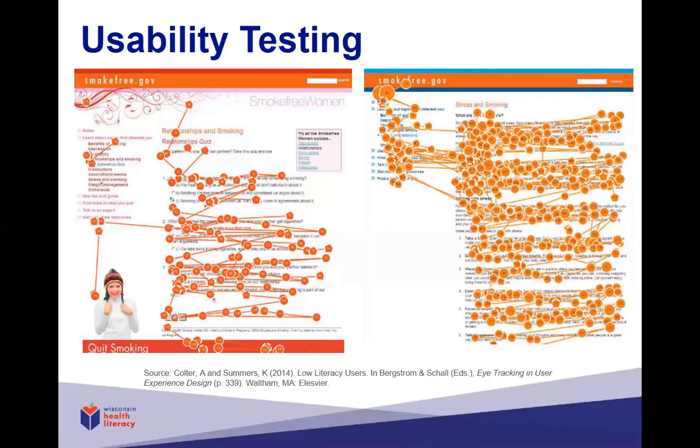As you can see, the one on the left is one with a higher proficiency compared to the one on the right. The one with more dots is the lower literacy level. The reason being is the ones with lower literacy are having to do multiple rereads on the page. They're not sure how to navigate the page, where to start, where to read.